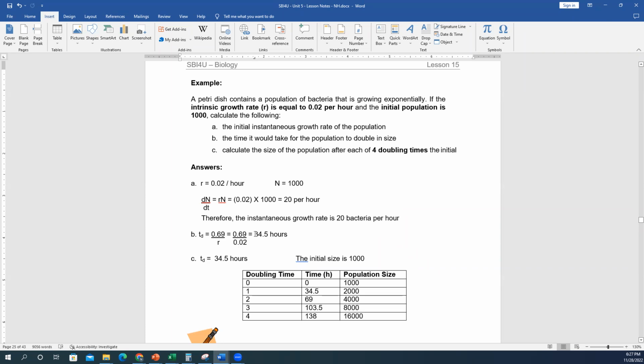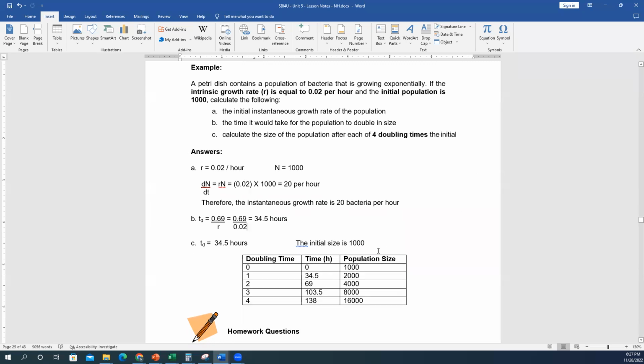So the doubling time is every 34.5 hours. Now that we know the doubling time, we can answer the final part of the question that asks us to calculate the size of the population after each of 4 doubling times of the initial.